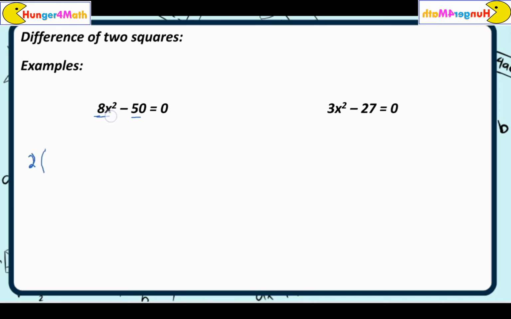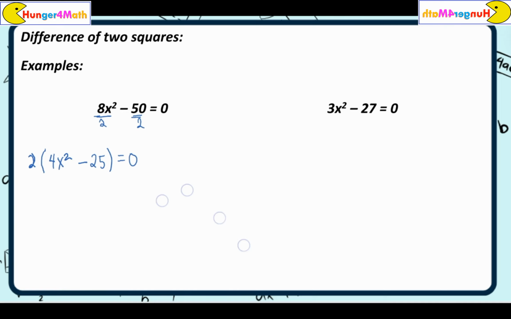Now let's divide each term by 2. So 8x squared divided by 2 is 4x squared, then minus 50 divided by 2 is 25, is equal to 0. Now 4x squared minus 25 is a perfect square.